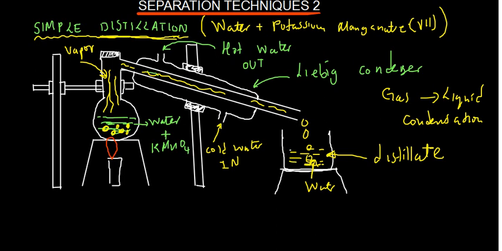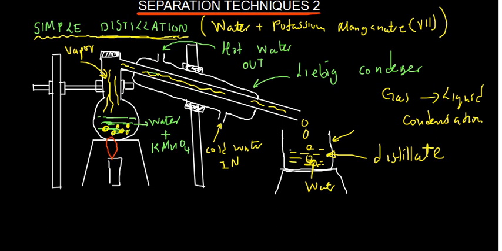The water vapor is now going to pass into the condenser, where it is cooled and turns back into liquid water, which drips into the collecting beaker. So water is separated from the potassium manganate solution using this method. Okay, so this process is distillation, actually simple distillation.